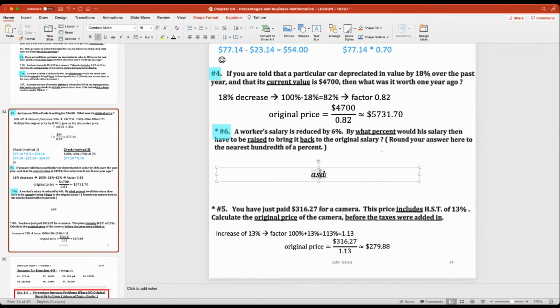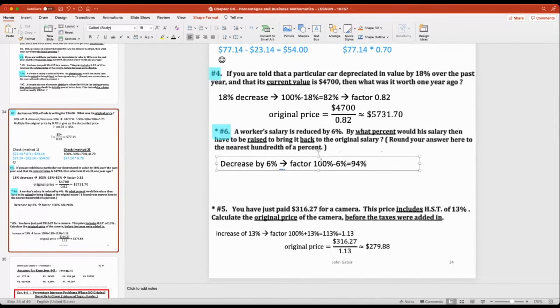First, let's get that factor. Decrease by 6% means we have a factor of 100% minus 6%, which is 94%, or 0.94.